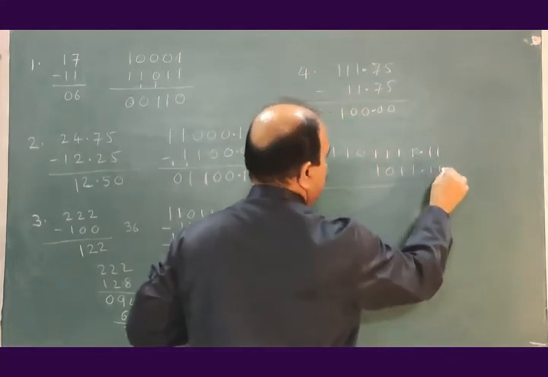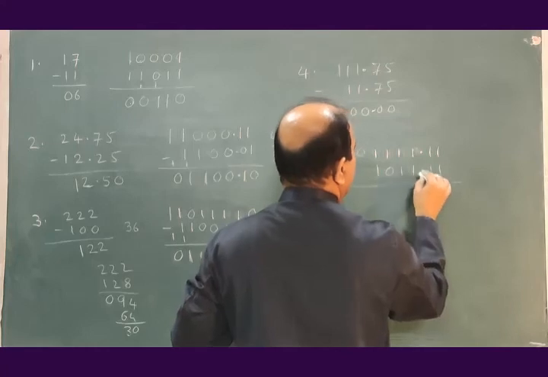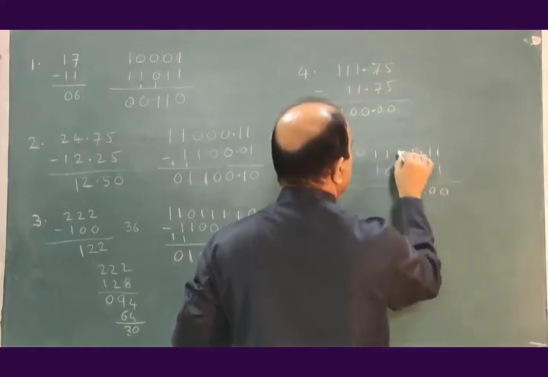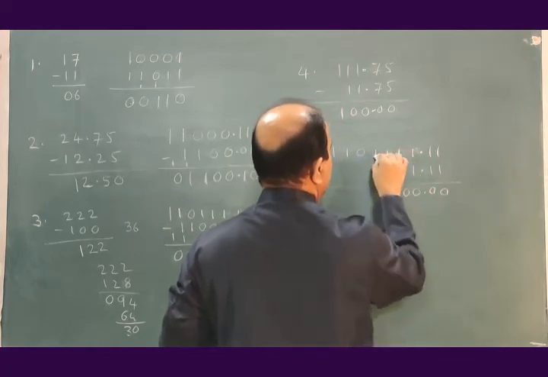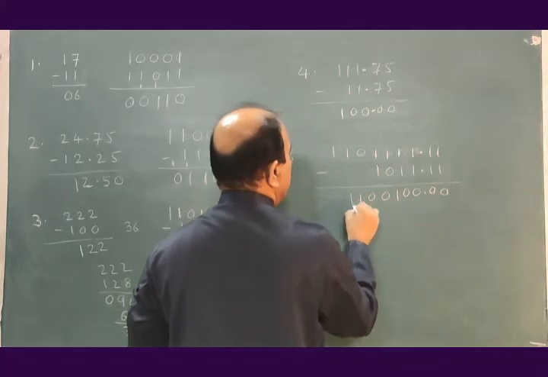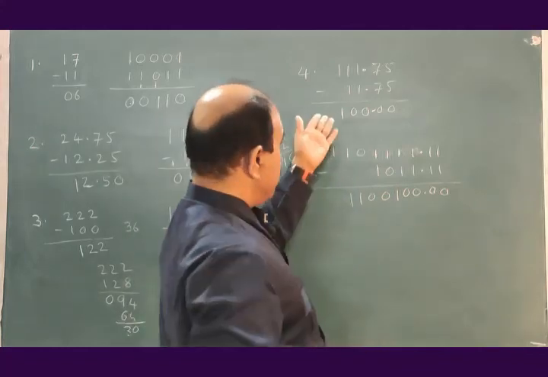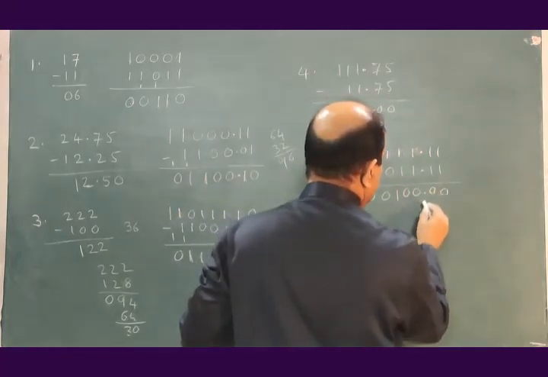Do the subtraction. 1 minus 1, 0; 1 minus 1, 0; binary point; 1 minus 1, 0; 1 minus 1, 0; 1 minus 0, 1; 1 minus 1, 0, 0, 1, 1. What is the answer? Answer is 100.0. So let us see whether it is 100.0.